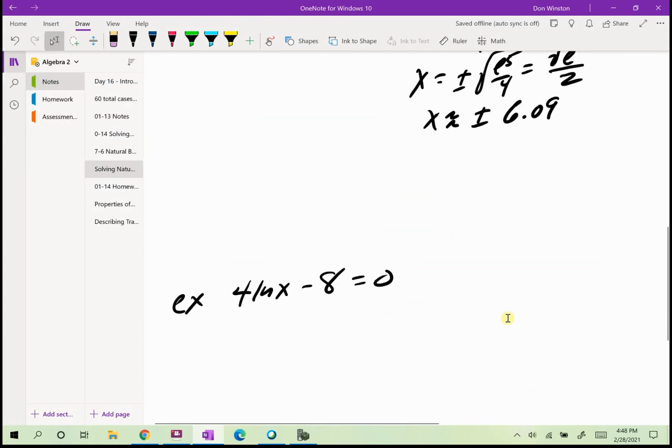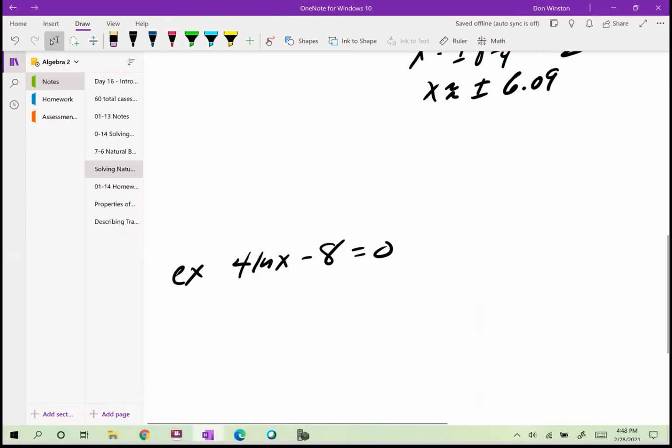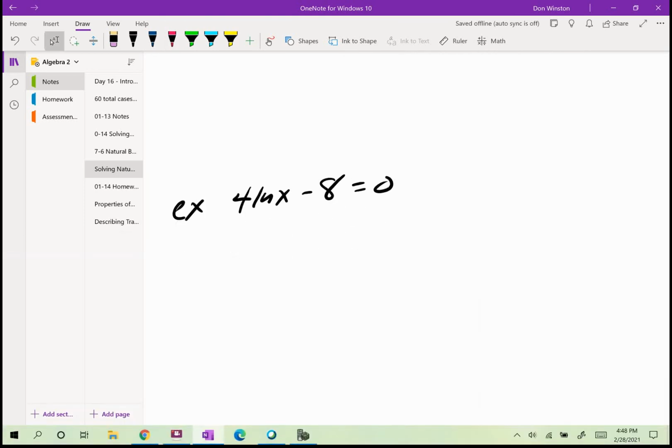And finally, the last one. I have 4 times the natural log of x minus 8. I could first employ the power property and move the 4 up. I think it would be easier, however, just to leave it like it is. So first I'll add 8 to both sides. I'll get 4 natural log of x equals 8.